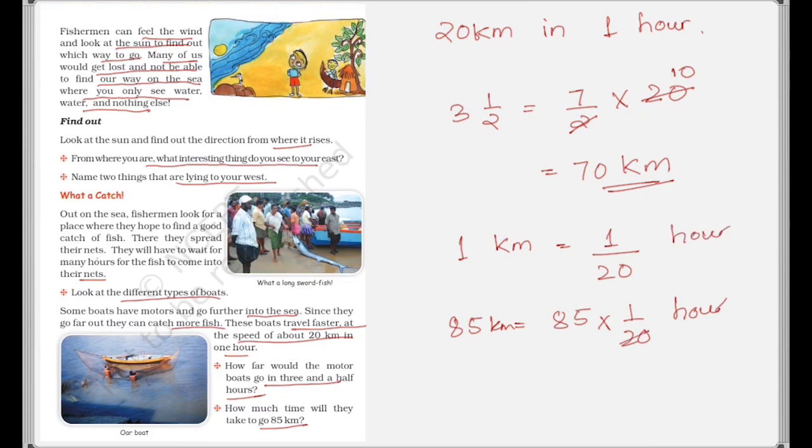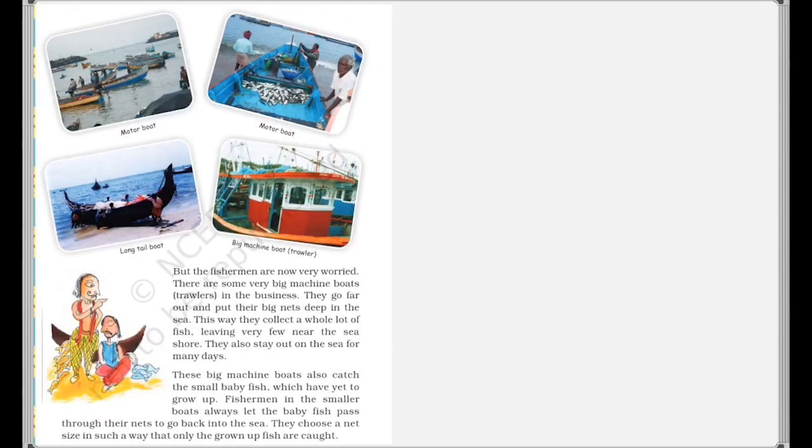When we cancel it out with 5, it becomes 17 by 4, which is equal to 4 1 by 4 hours. So 4 1 by 4 hours will be taken to travel a distance of 85 kilometers.